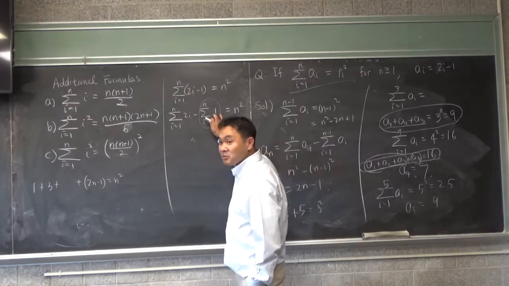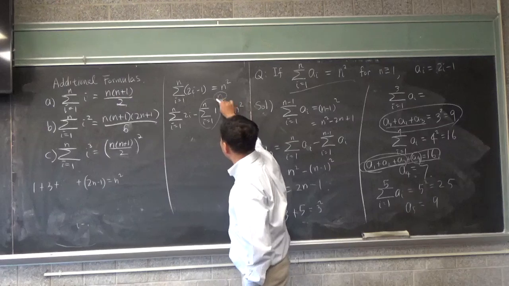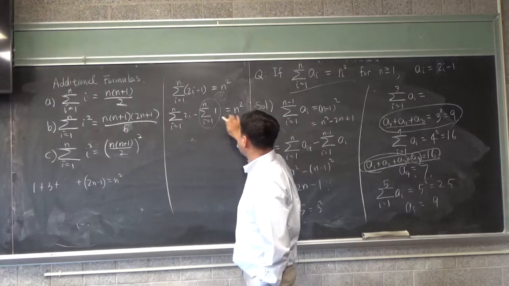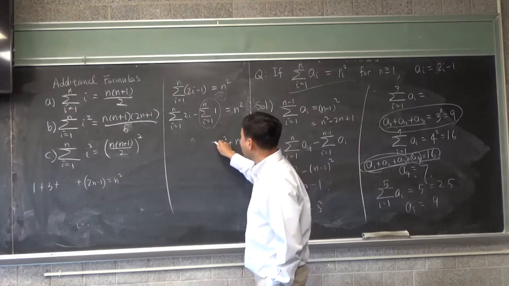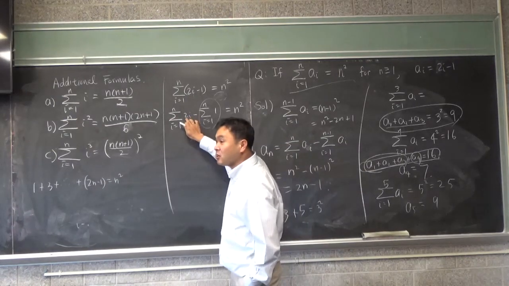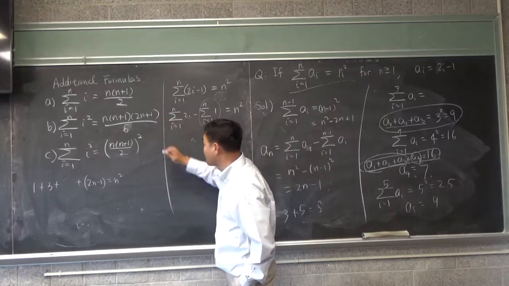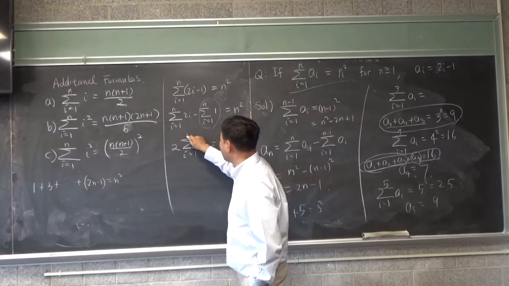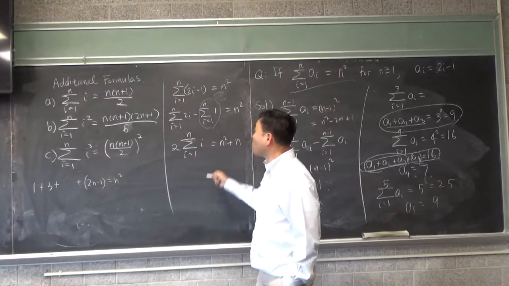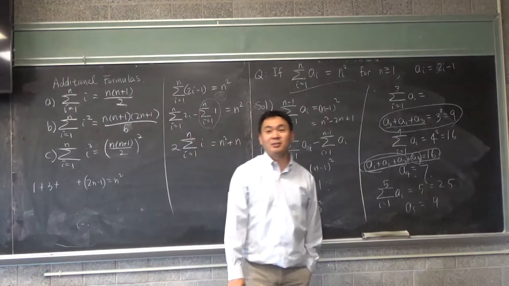So this is 1 times n. So I can move this to the other side, and that becomes n squared plus n, right? On the other hand, we also learned that if you have a constant in front, we can bring it outside the sigma. So 2 times sigma i from 1 through n of i, you get this. Why does this prove it?